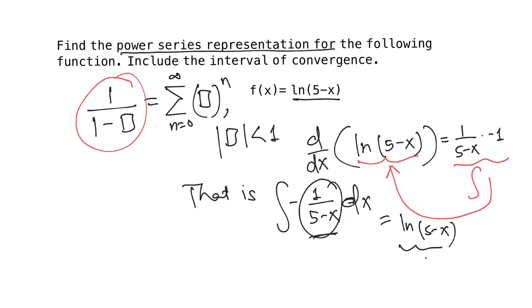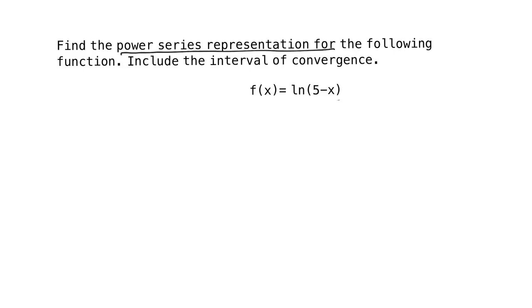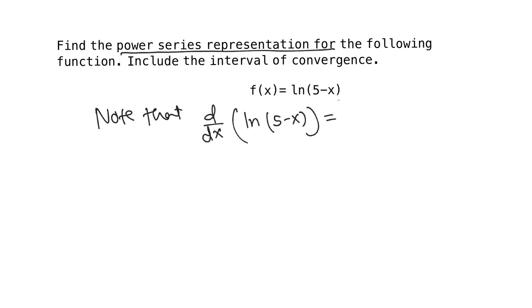Okay, so we just gathered our thoughts. Let's do the actual work. Note that the derivative of ln(5 - x) is 1 over (5 - x) times the derivative of (5 - x), negative 1.